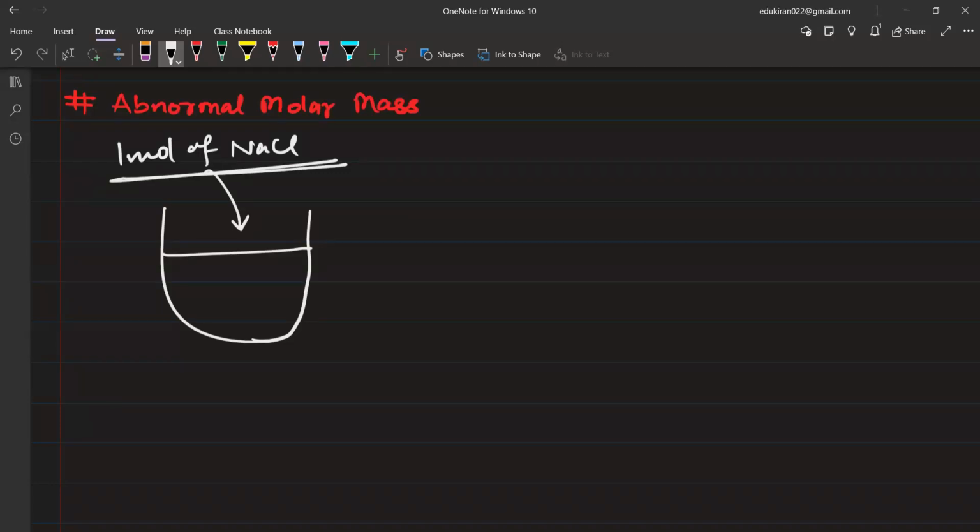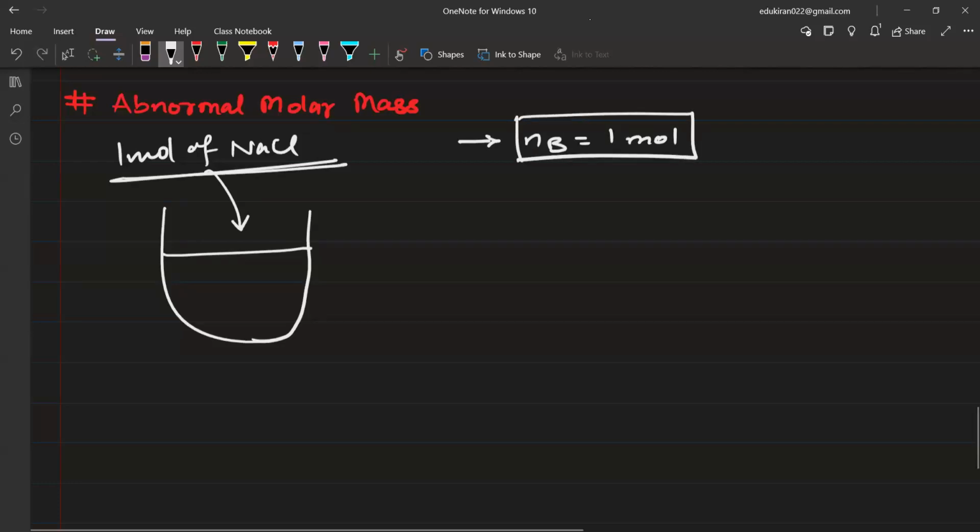Whatever calculations we will be doing, we will be taking into consideration the amount of solute, the number of moles of solute that is equal to 1 mole. So we are thinking we have added 1 mole of solute only. But as soon as NaCl gets inside a solution, such as water, NaCl will dissociate into Na positive and Cl negative.